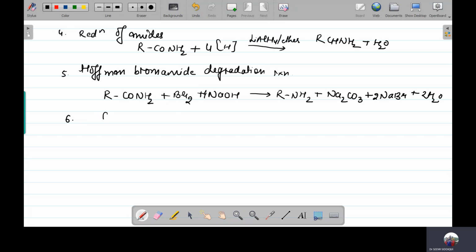The sixth method is the Gabriel phthalimide synthesis. This is also an important named reaction.